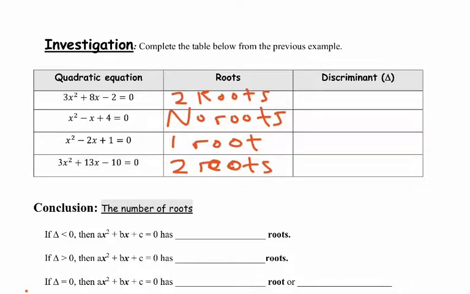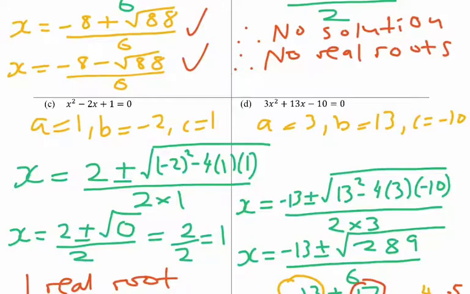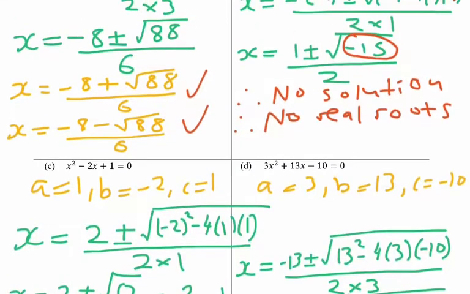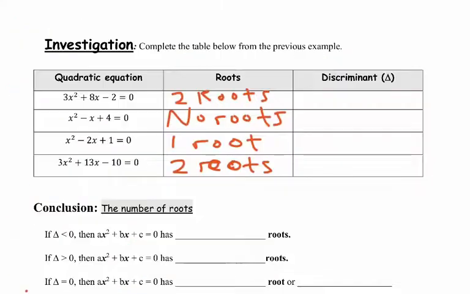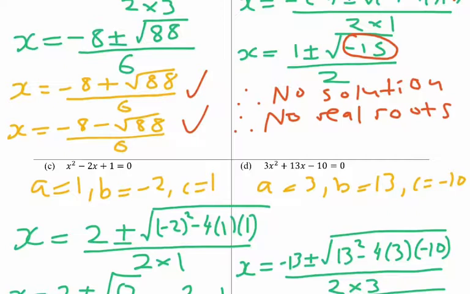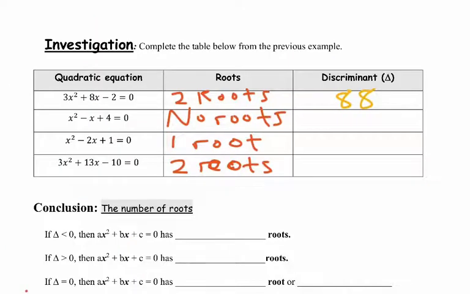Now, what about the discriminant for the first one? If you go back, what's the discriminant for the first one? It's 88. So I'll go back and put 88 there. The next one, x squared minus x plus 4, the discriminant was minus 15.